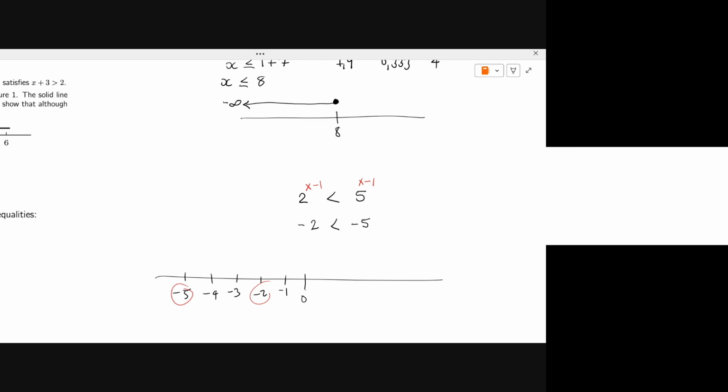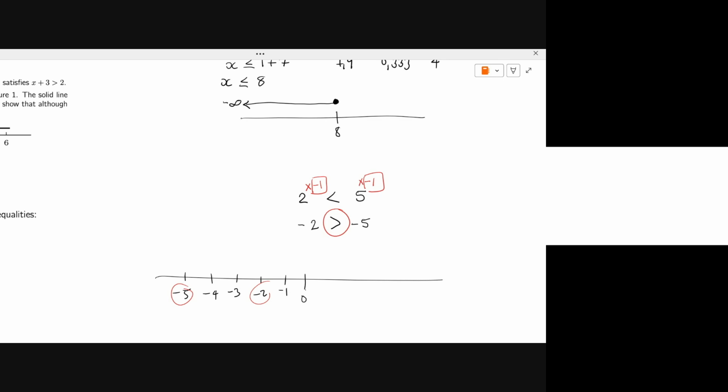So as soon as I multiply by a negative number, what happens to my symbol in the middle? My symbol needs to switch. Okay, thumbs up. Does that make sense? Everyone with me there?